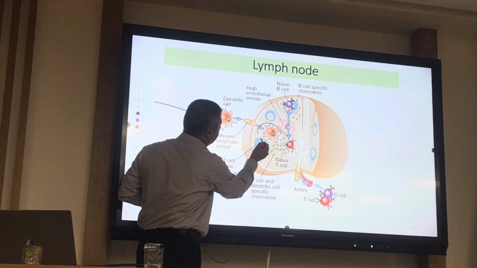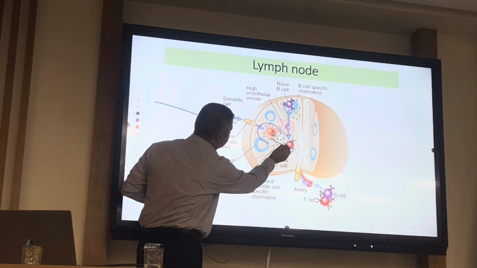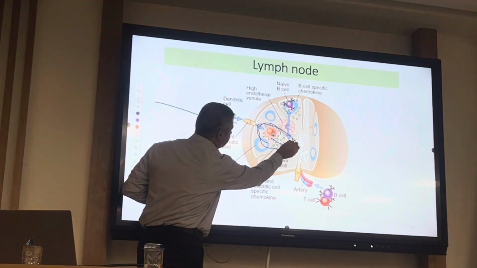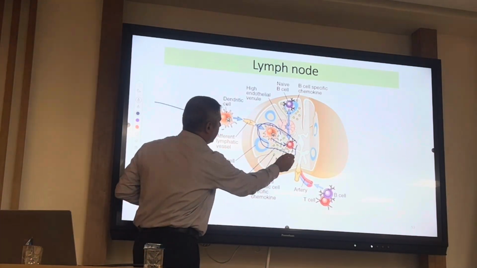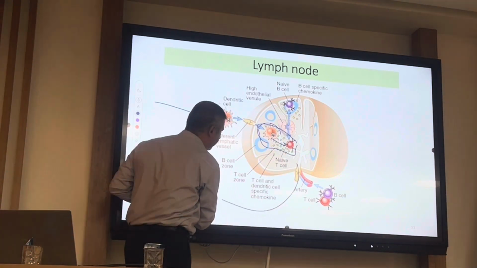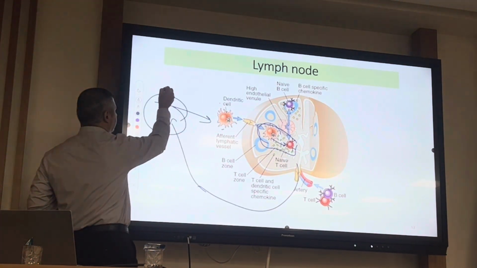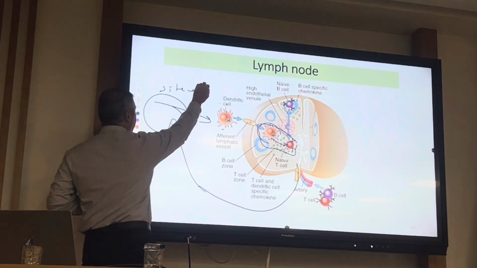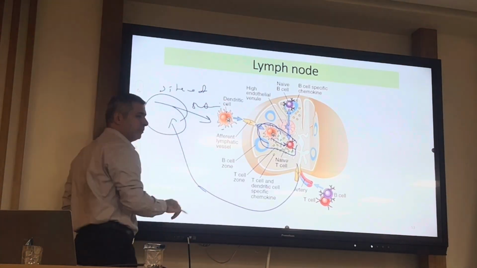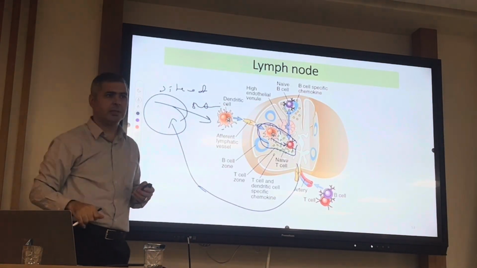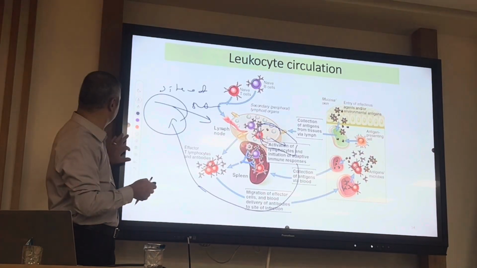Inside the lymph node, it will present the antigen to the T cells and activate them. After activation, these T cells will leave the lymph node and go to the site of infection. Okay? No question?